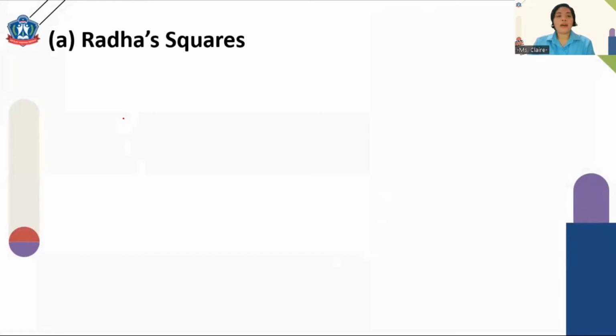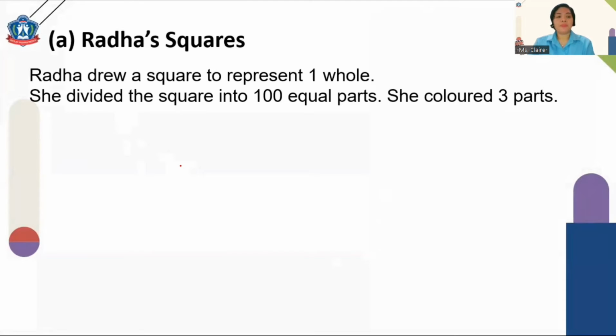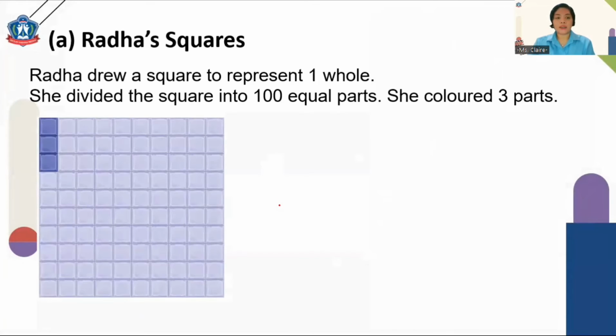Okay, we have Radha's squares. Radha drew a square to represent one whole. Take a look. She divided the square into 100 equal parts and she colored only 3 parts. So the one square here, we call it 100. We will say that is 1 out of 100, or we can write that as 0.01.